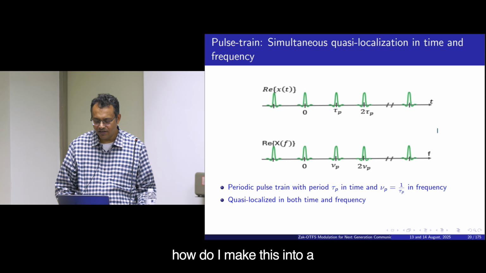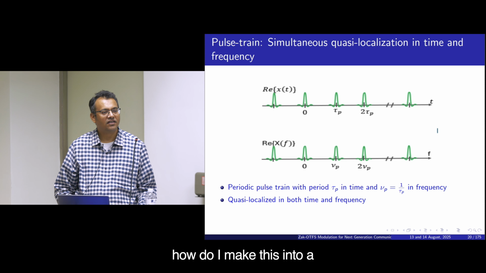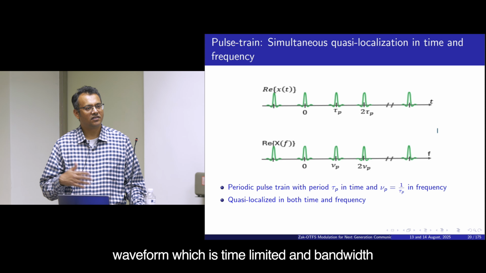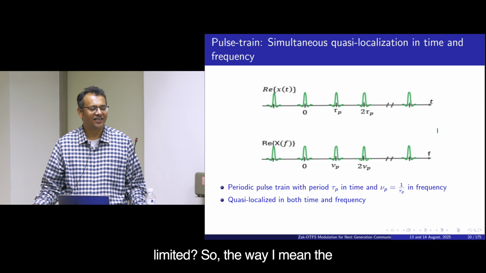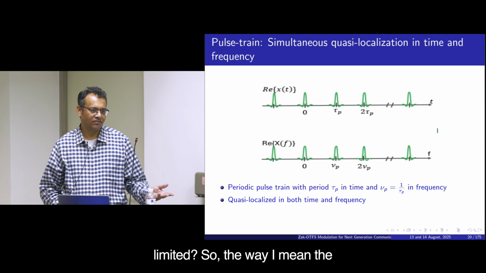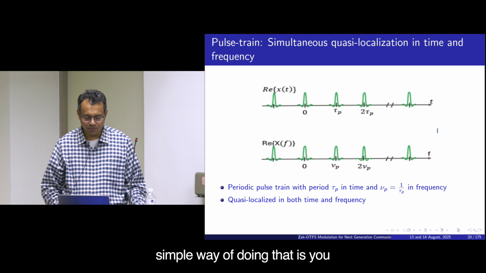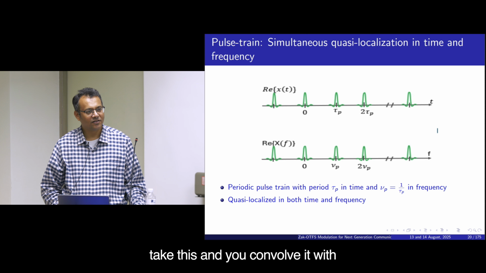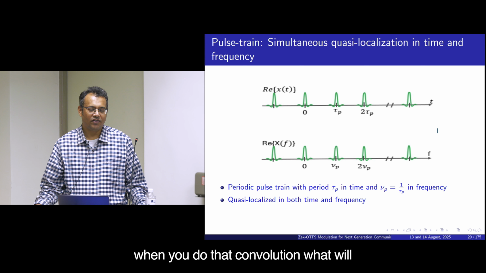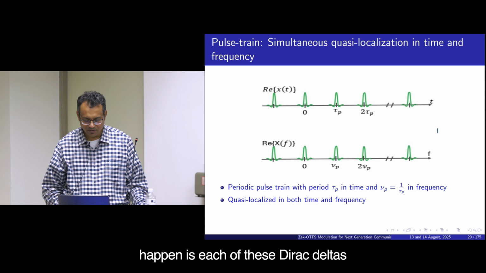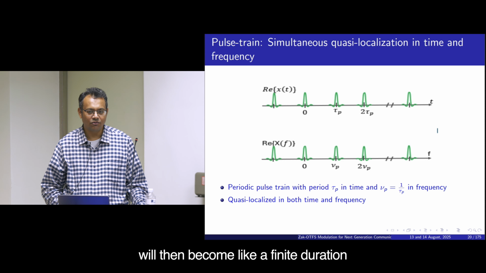Now, how do I make this into a waveform which is time limited and bandwidth limited? The simple way of doing that is you take this and convolve it with a sinc filter of bandwidth B. When you do that convolution, each of these Dirac deltas will become a finite duration pulse.